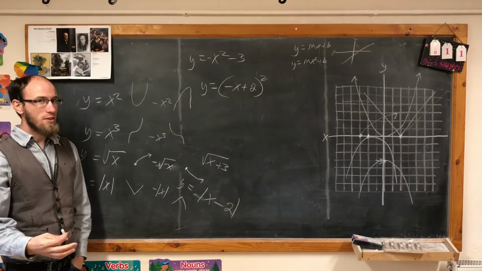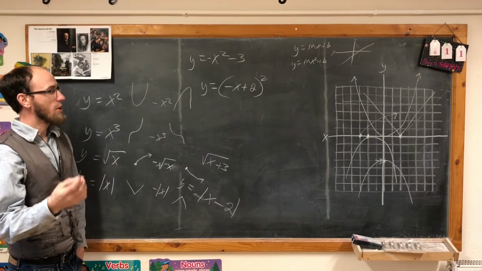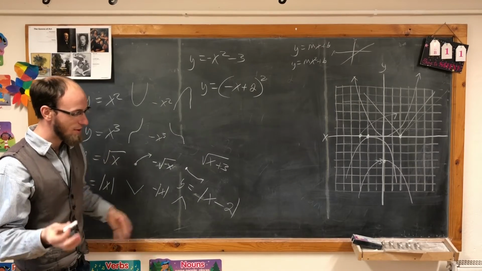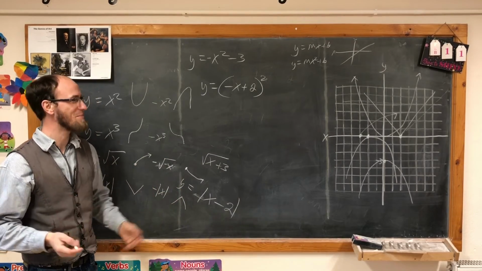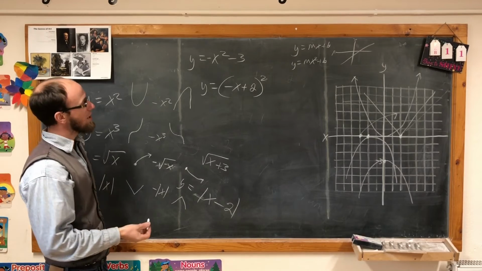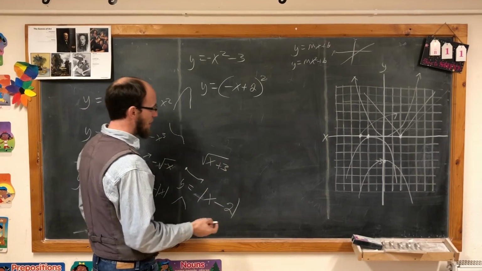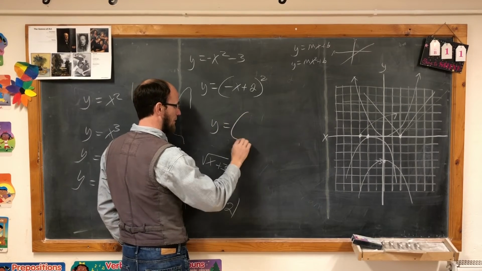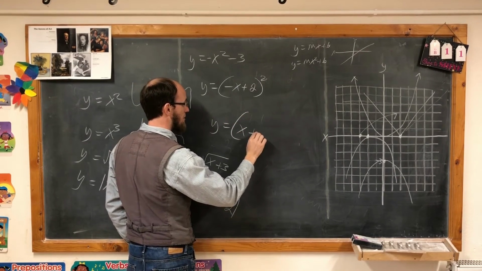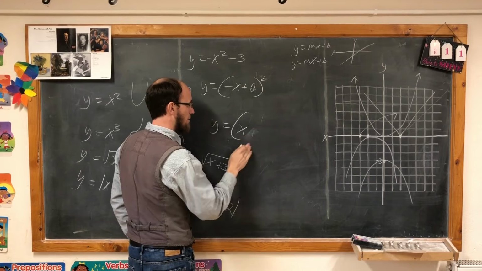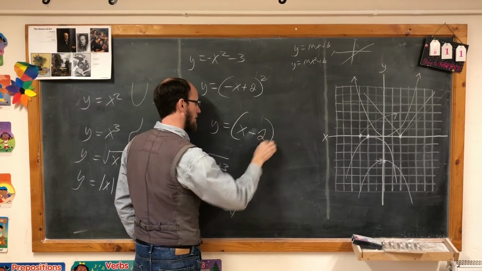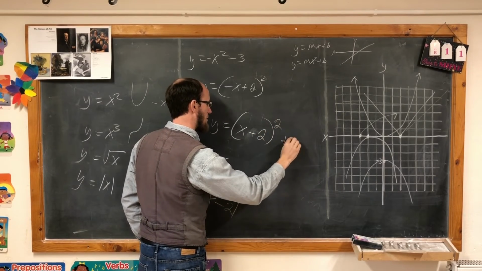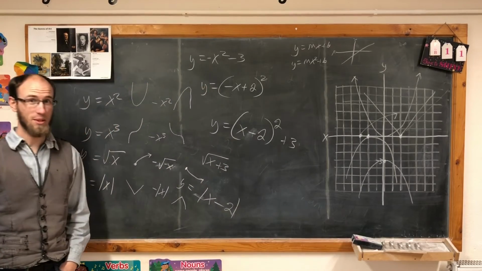Okay, I think that covers the lesson. But you're going to have to think carefully about these points. Because look, it would be possible to take an equation and change it like this, and we're going to go y equals x minus 2 squared plus 3. Now what happens?